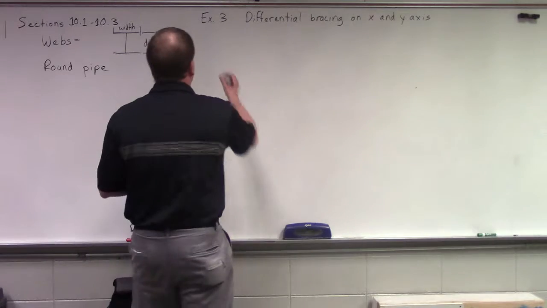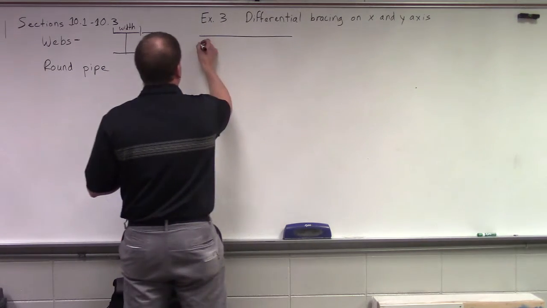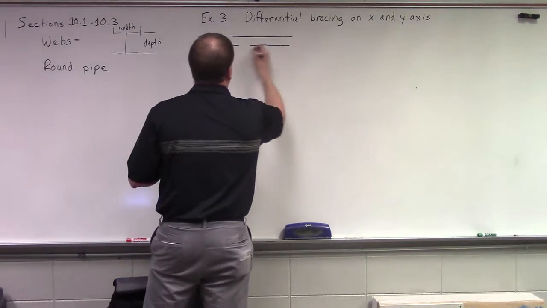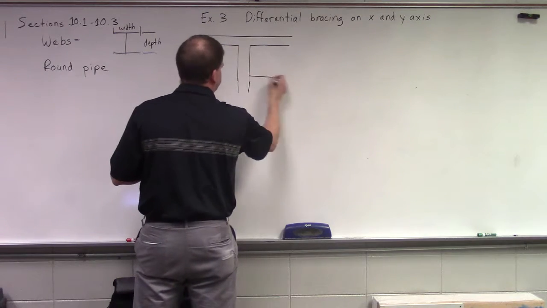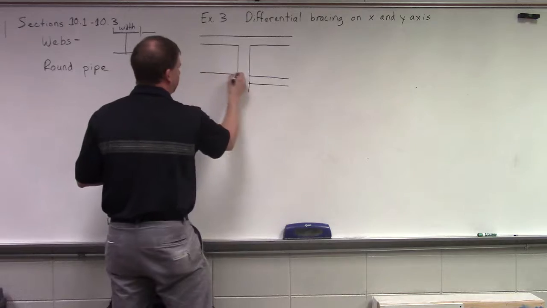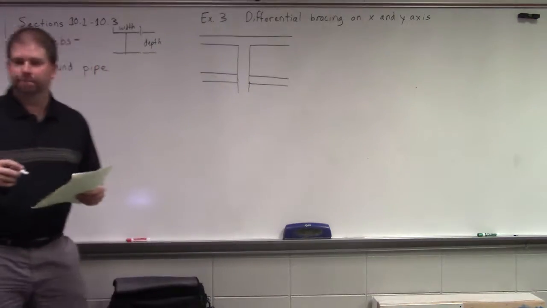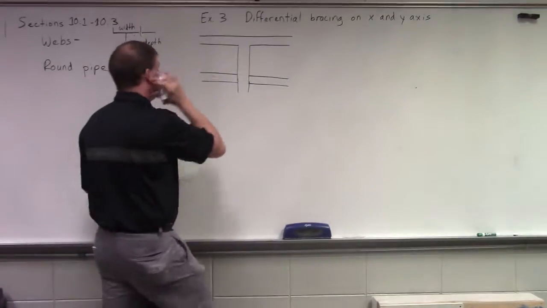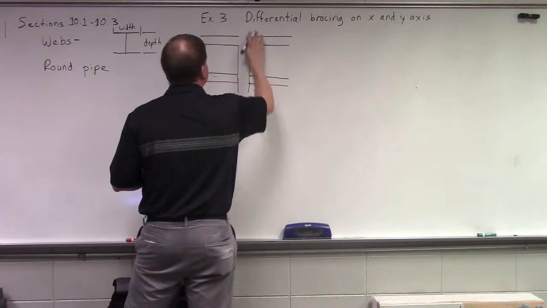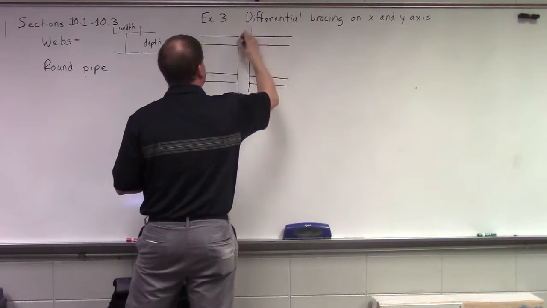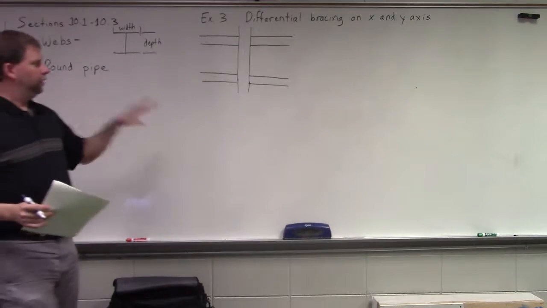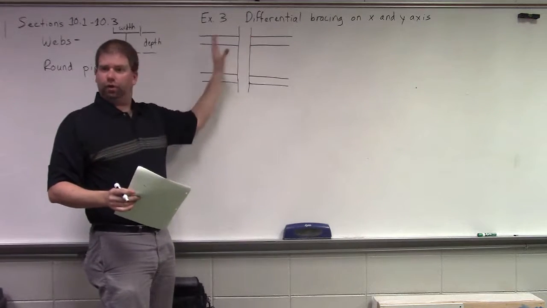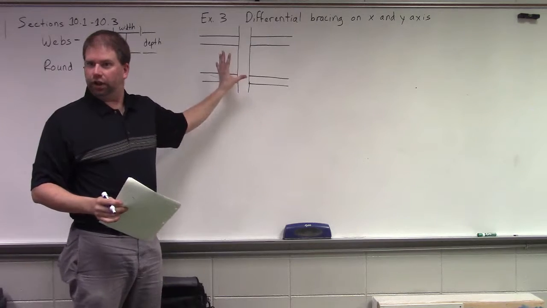For this one, we don't know exactly what we're dealing with, but it's some sort of multi-floor construction. We don't know what's going on with these connections, and we don't need them at this point for our calculation.